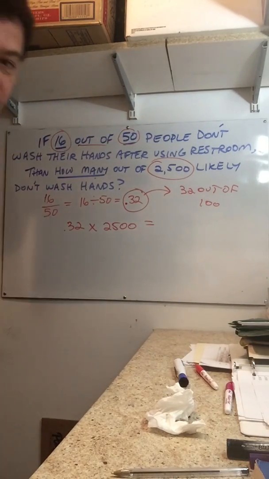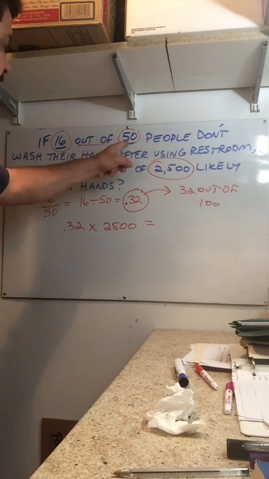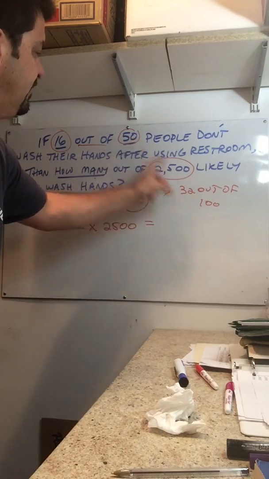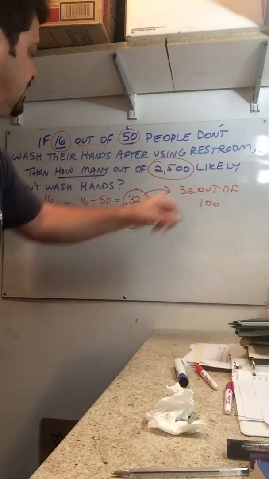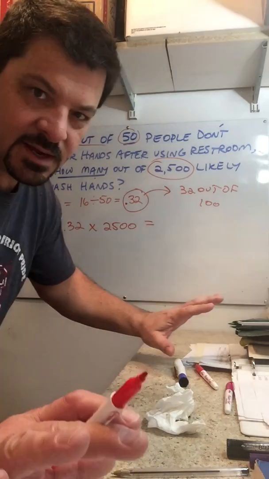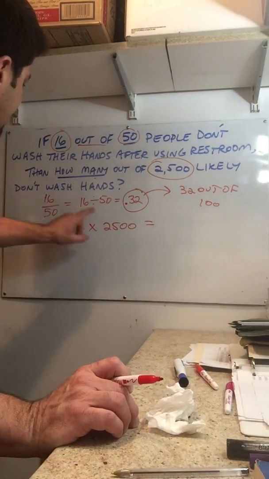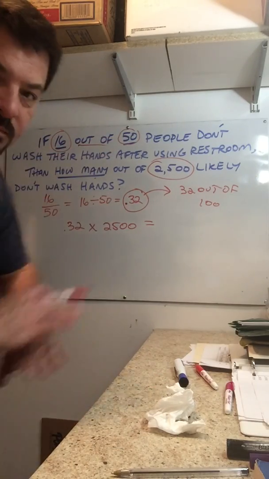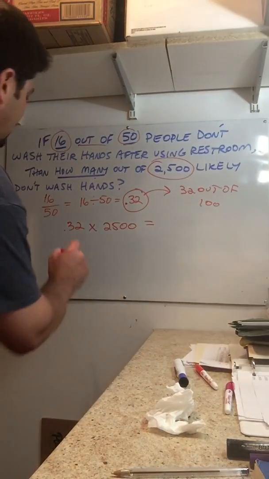Before we had 16 out of 50. If you look at this, it kind of makes sense. 50 gets doubled, 16 gets doubled. It's not complicated though. We went and got this number by dividing these two numbers, and we got 0.32. That was in our calculator.